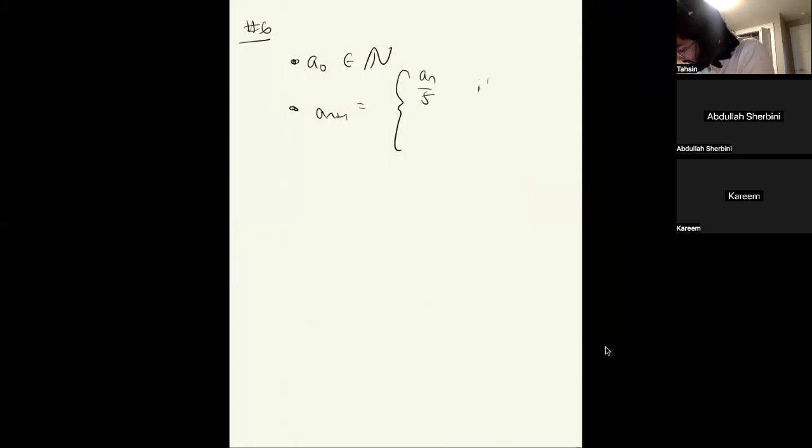We have a sequence where a_0 is a natural number, and a_{n+1} is a_n over 5 if 5 divides a_n, and otherwise it's the floor of a_n times root 5.